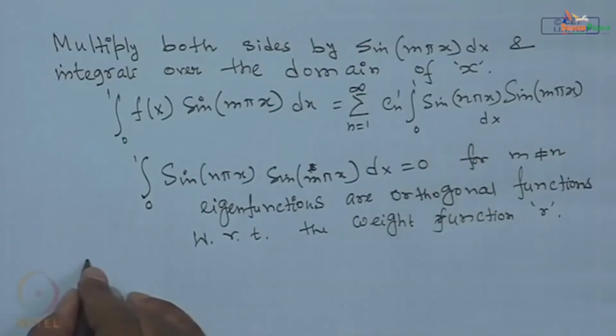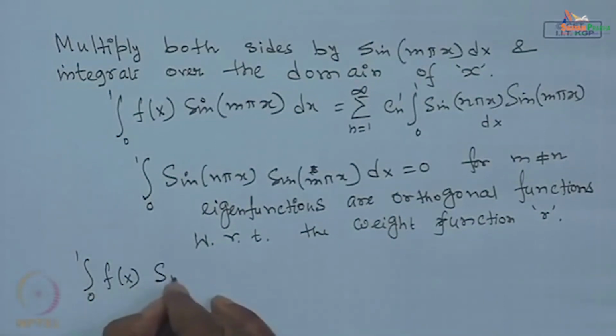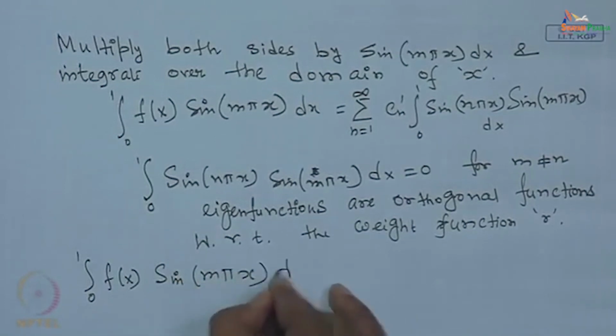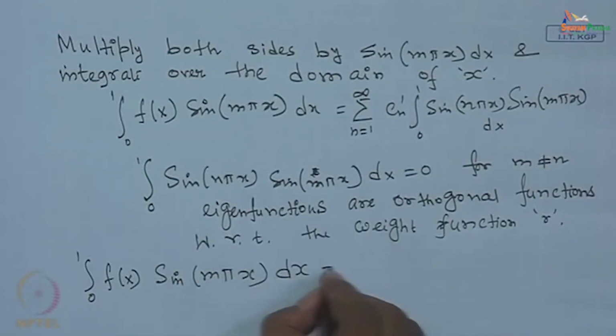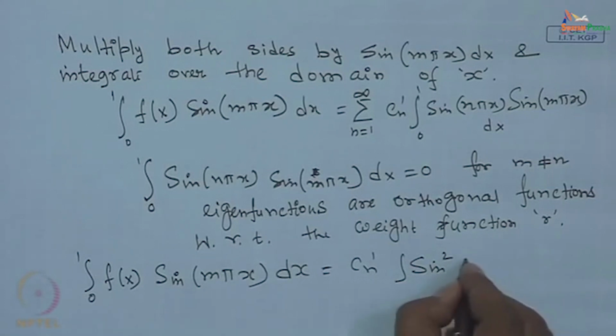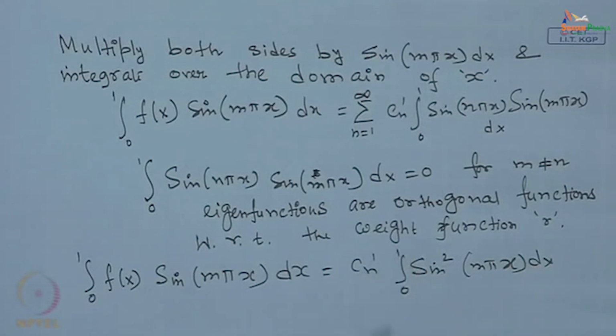So, you will get integral 0 to 1 f of x sin m pi x dx is equal to C n prime integral of sin square m pi x dx from 0 to 1.